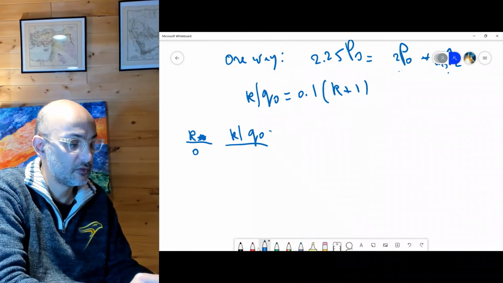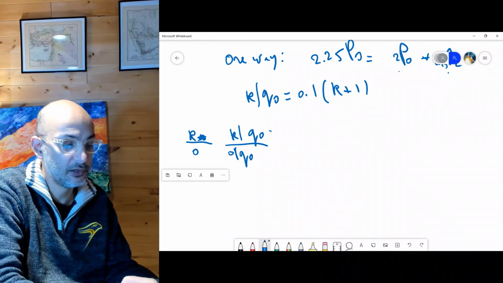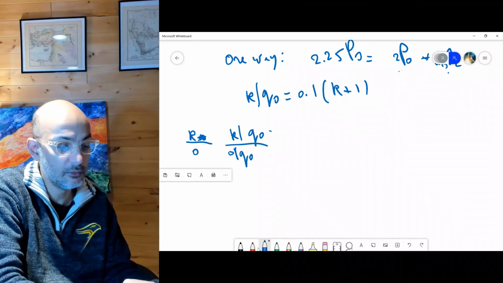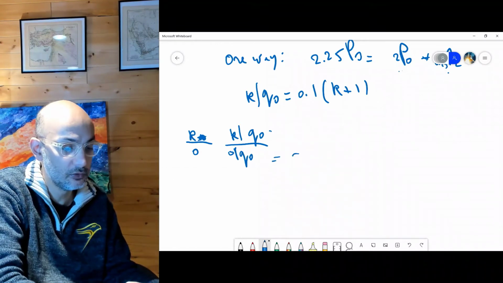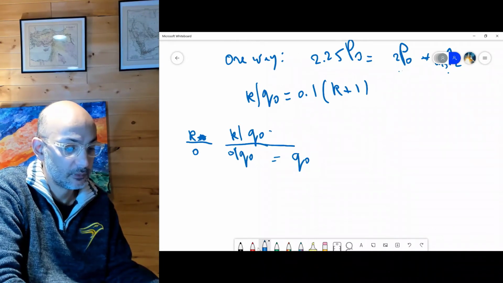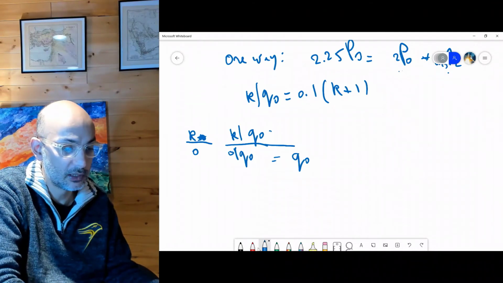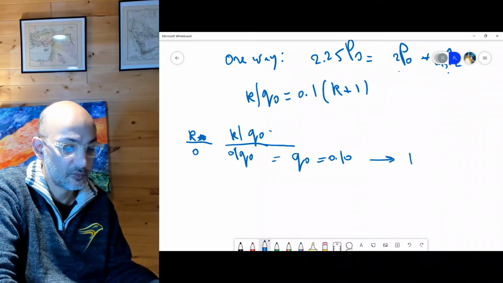So if this becomes 0, 0|q0. But 0|q0, simply the deferred period is 0, right? So there's no deferred period. So this one we can write equal to q0. And you put in k, replace it with 0, then it becomes q0 equals 0.1. And this tells us p0 equals 0.9.